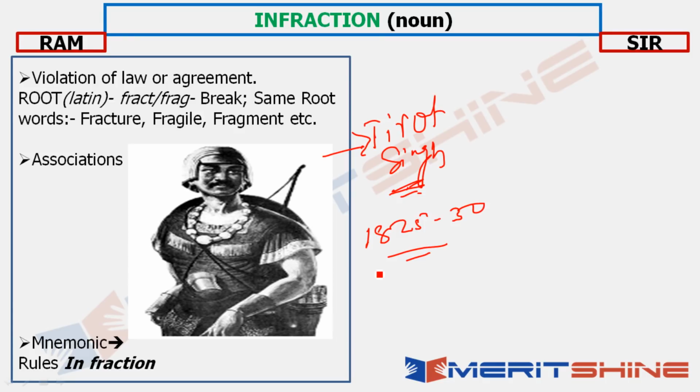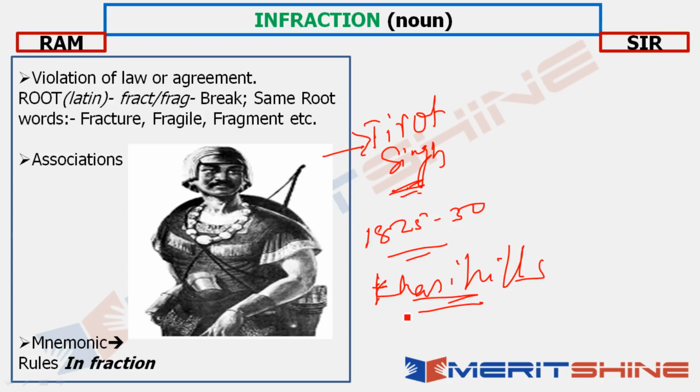So the East India Company had an agreement with the Khasi Council that they would leave the Khasi Hills and parts of Sylhet under the Khasi Council's rule if they were allowed to build a road through their lands, right? So the Khasi Hills would be kept intact, under the Khasi Council, only if the East India Company was allowed to build a road through their land.